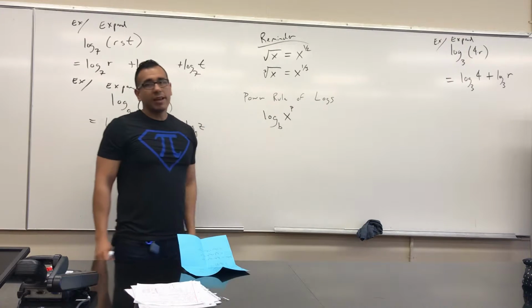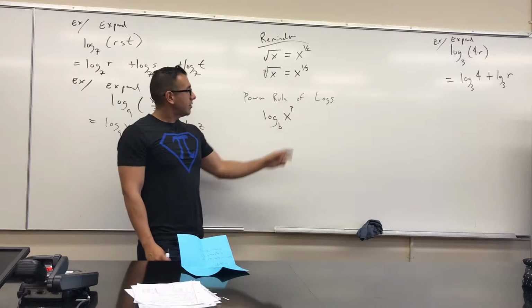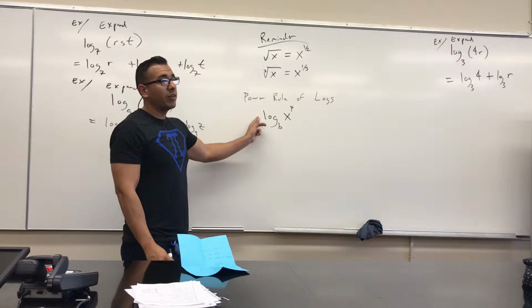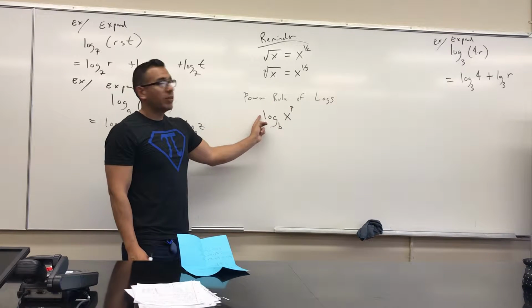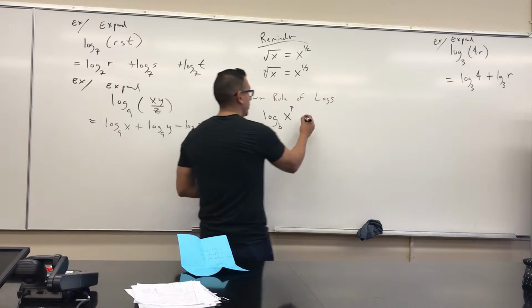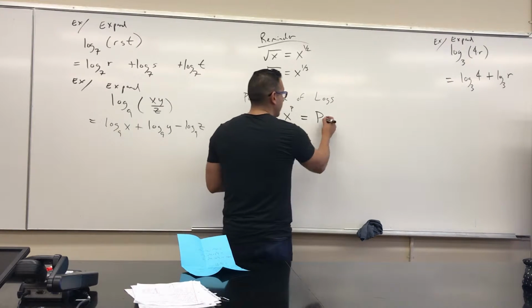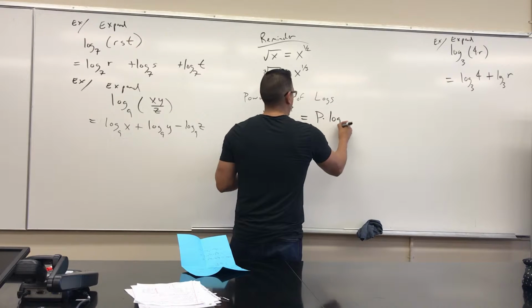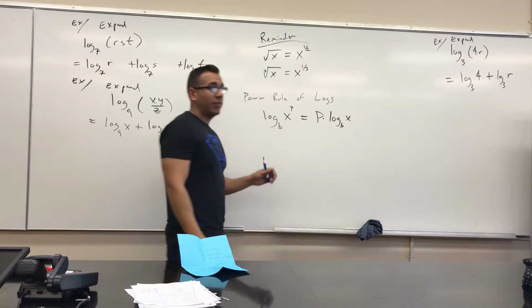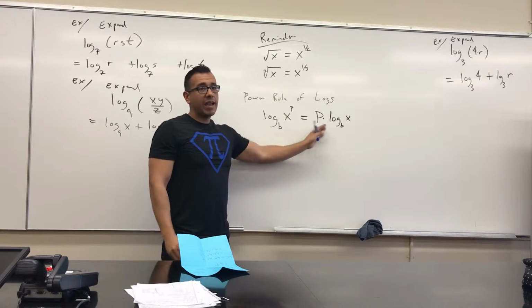So what this property allows us to do is bring this exponent to the front, and this exponent becomes a coefficient of that log. So this is equivalent to p, and if you want to put the dot, times log base b of x. So these two are exactly the same.